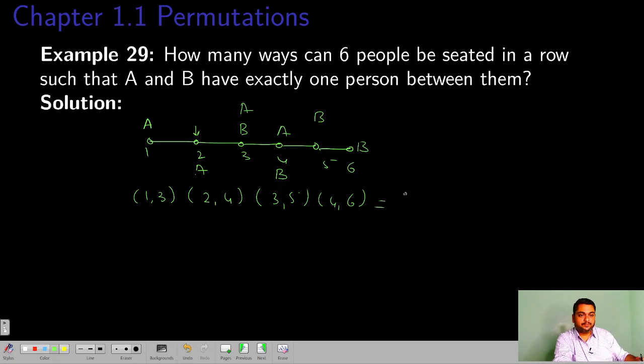So A and B can be placed in 4 ways. Next, remaining how many slots? 4 slots. So 4 slots can be permuted in 4 factorial ways. So this will be 4 into 4 factorial. So it comes out to be 192. Okay, so don't confuse circular permutation and linear permutation.